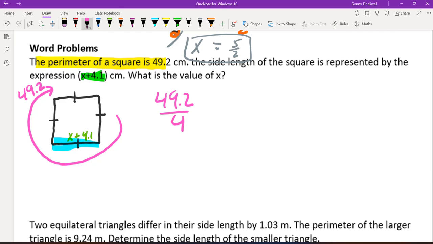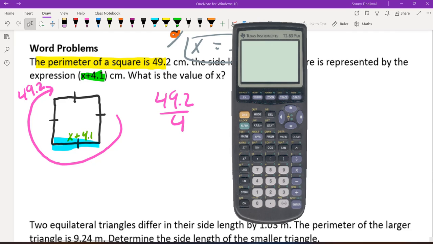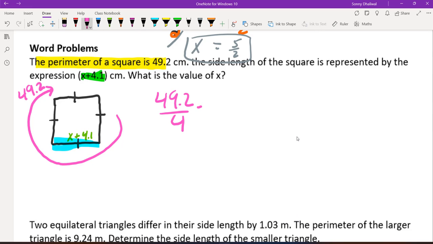I'm going to grab my calculator for that one. 49.2 divided by 4, and I get 12.3. So now we can say that this side is 12.3 in length.